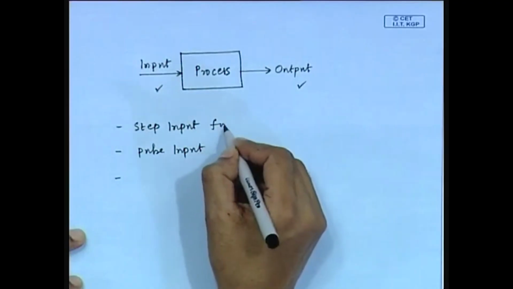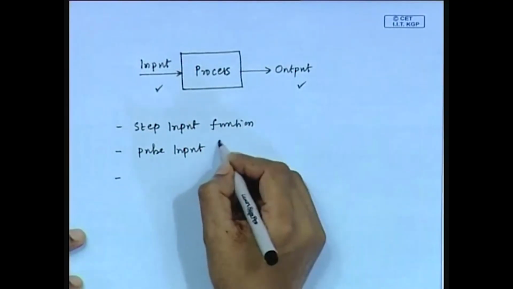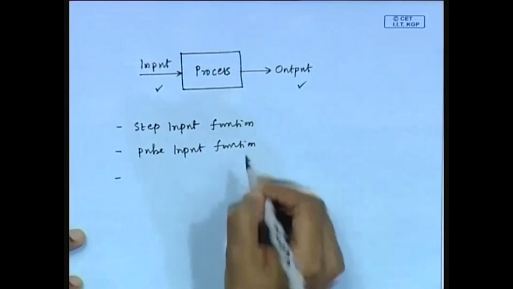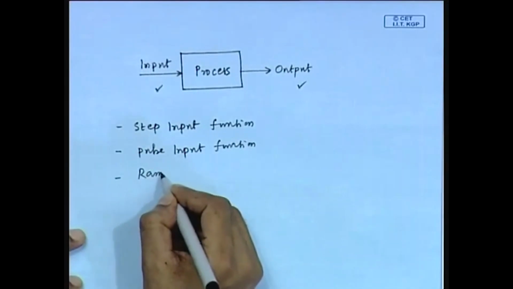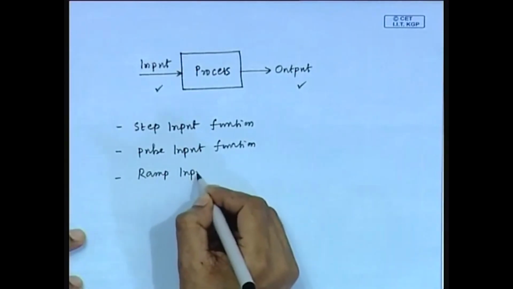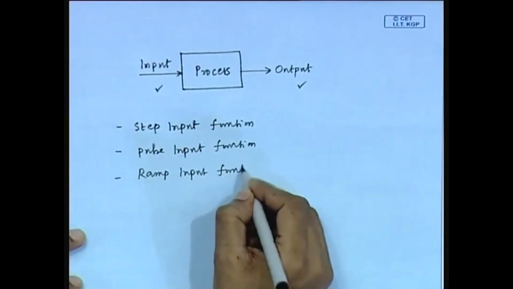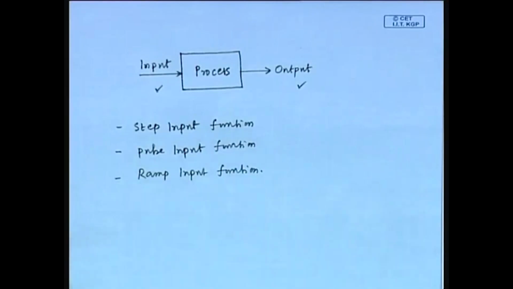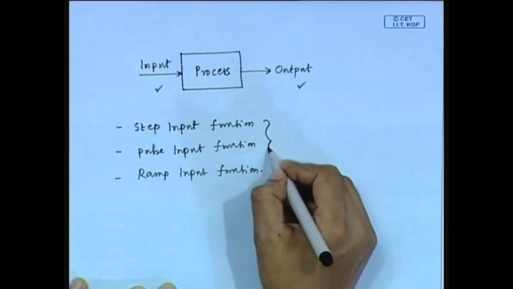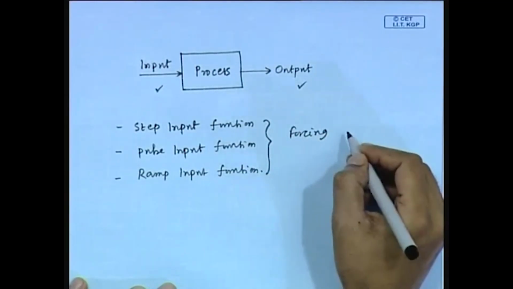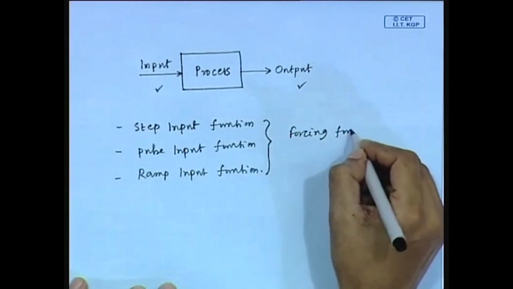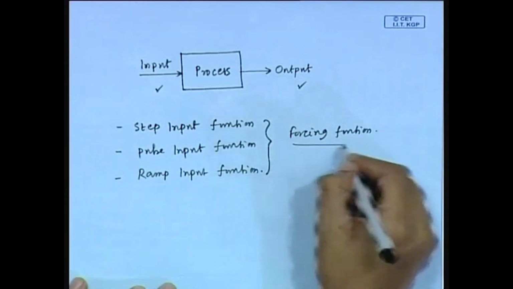It is better to write step input function, pulse input function, then ramp input function. Fine. So, these functions are basically called forcing functions. We will use this name, forcing function.